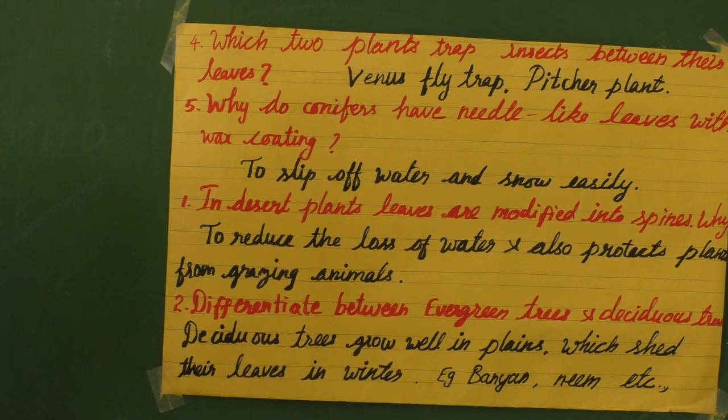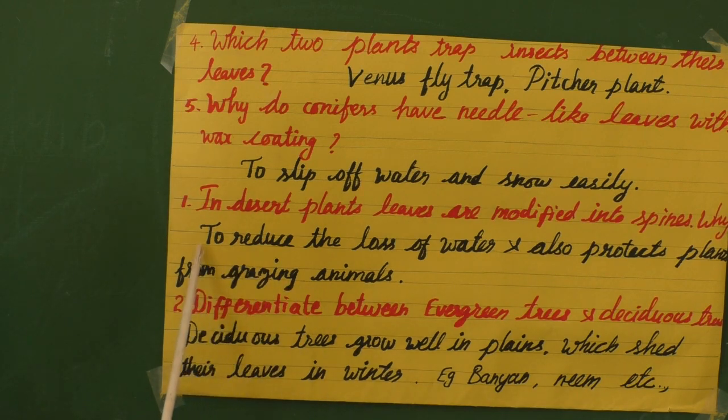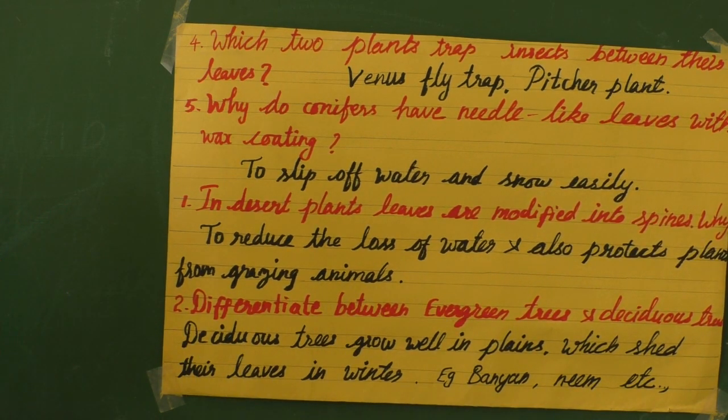The animals may eat the plant. இஸ் இட்? ஸோ அந்த அனிமல்ஸ்லேருந்து தன்னை பாதுகாத்துக்கவும் it has spines. So one reason to reduce the loss of water, another reason protects plants from grazing animals. புல்லு மேய்கிற அனிமல்ஸ்லேருந்து காப்பாற்றுறதுக்கு.